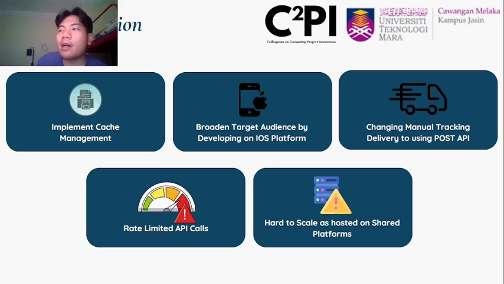So without rate limited API calls, this system is exposed to DDoS attacks. So in order to prevent this, rate limited API calls are recommended to be implemented in the future. And lastly, this system may become hard to scale in the future as it is hosted on a shared platform.